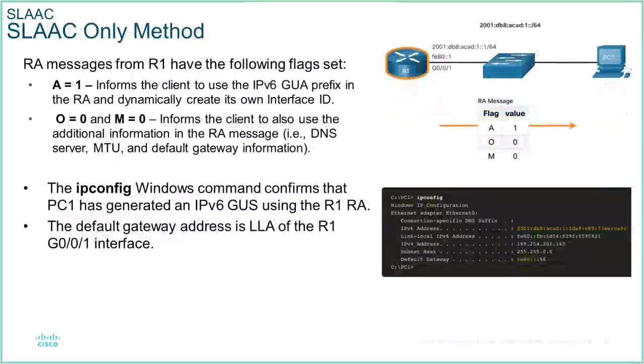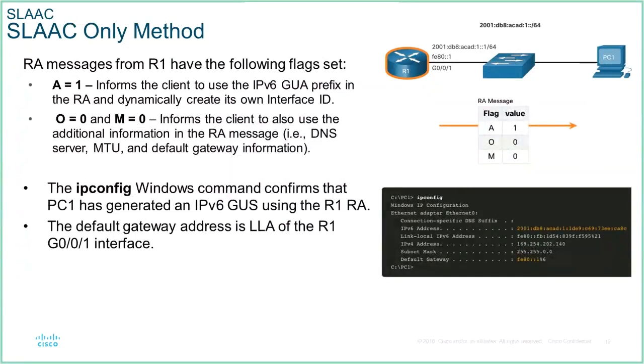So our router advertisement: the A flag value of 1 informs the client to use the IPv6 global unicast prefix in the router advertisement and to dynamically create its own interface ID. The O and M flags are set to 0, which means it's not going to use additional information.